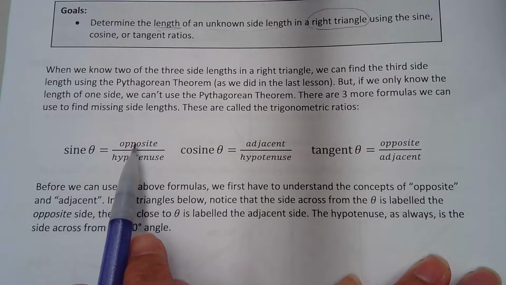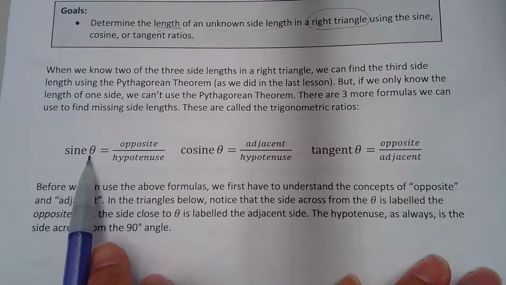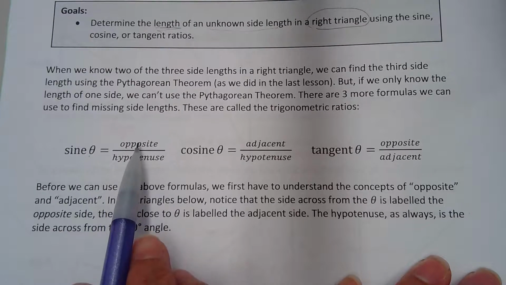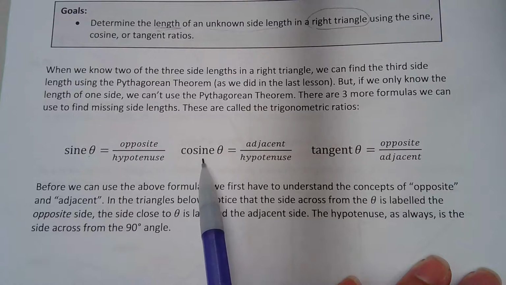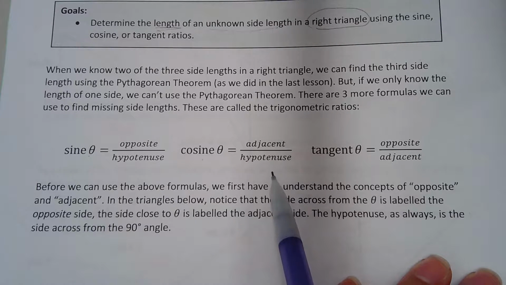Sine theta, that's the ratio of opposite and hypotenuse. We'll talk about which one's opposite, which one's hypotenuse later. Cosine, we're going to use a cosine if we have adjacent and hypotenuse.